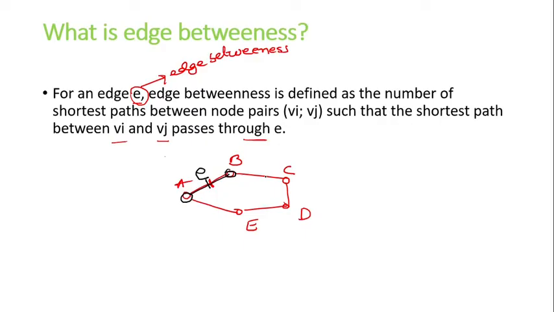And so how to find this? Let us go back to the definition first. It says the number of shortest paths between the node pairs Vi and Vj such that the shortest path between Vi and Vj passes through the edge.